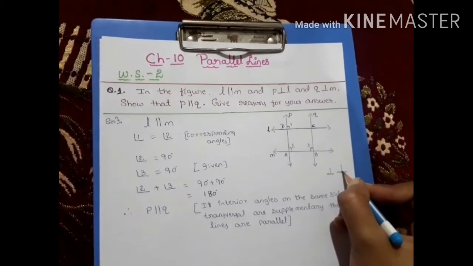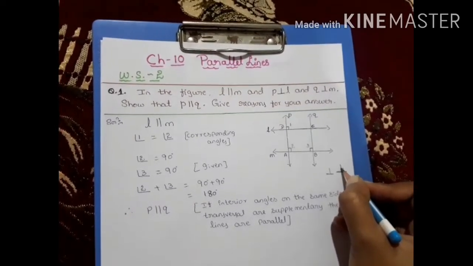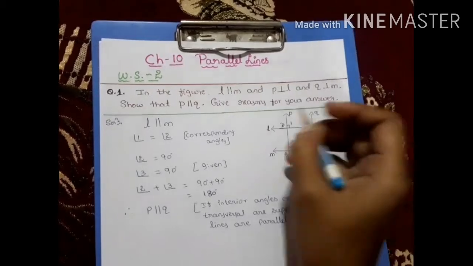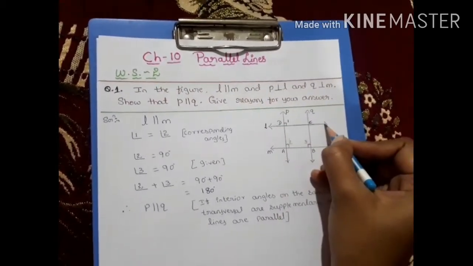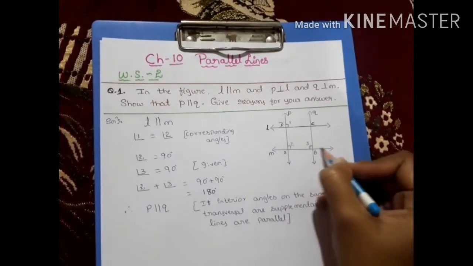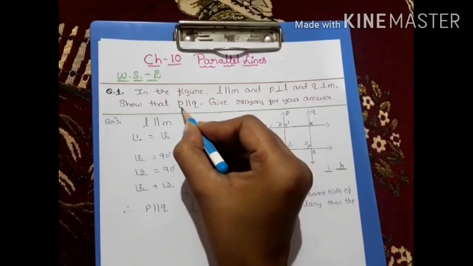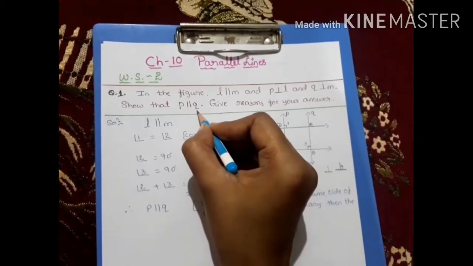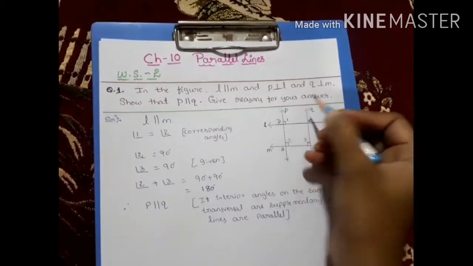P is perpendicular to line L, and Q is perpendicular to line M. You have to prove P is parallel to Q and also give the reason for your answer.